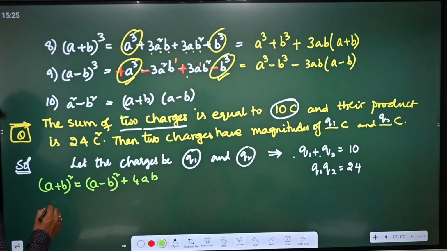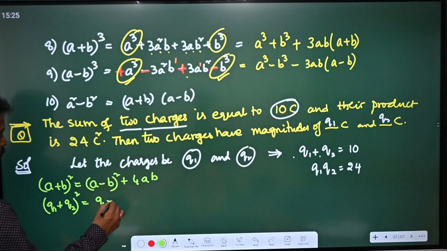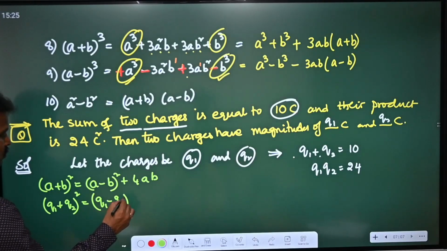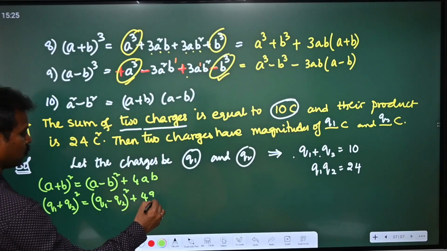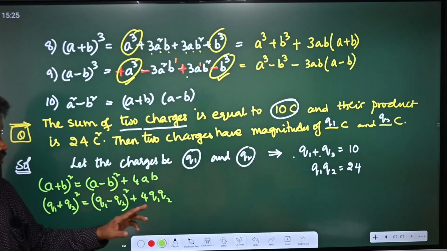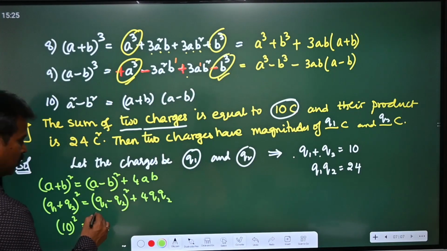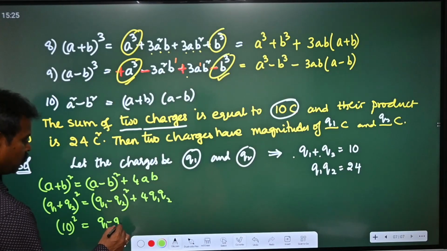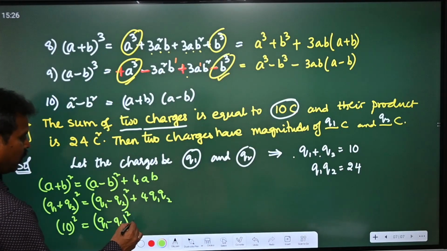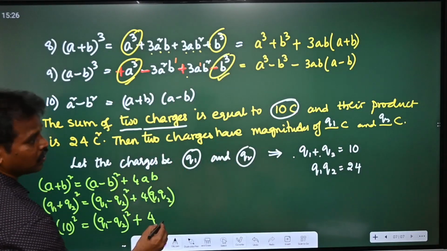And here A is Q1, B is Q2, so Q1 plus Q2 whole square is equal to Q1 minus Q2 whole square plus 4 into Q1 Q2. We know Q1 plus Q2 is equal to 10, so I am writing this as 10 square is equal to Q1 minus Q2 whole square, which is an unknown value, plus 4 times the product of the two charges, which according to the problem is 24.